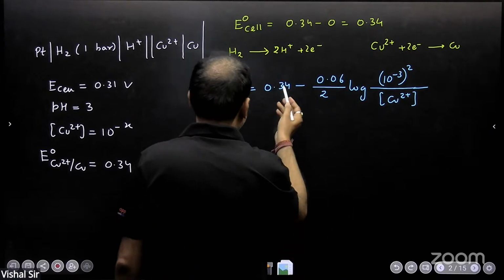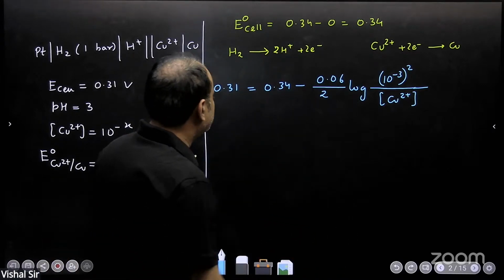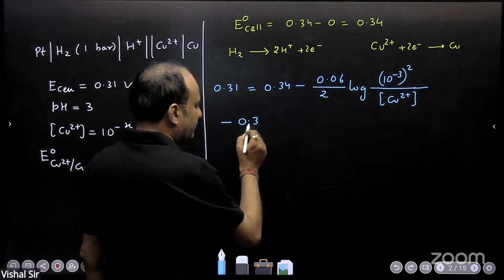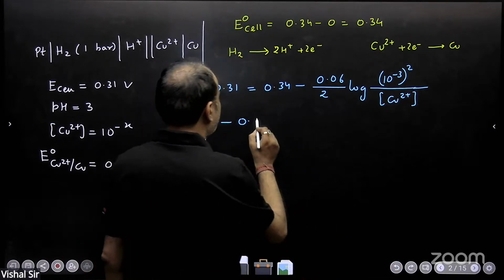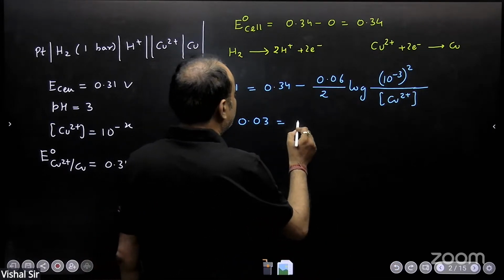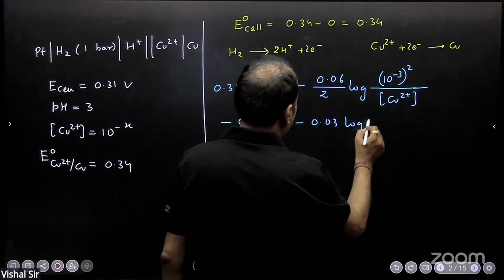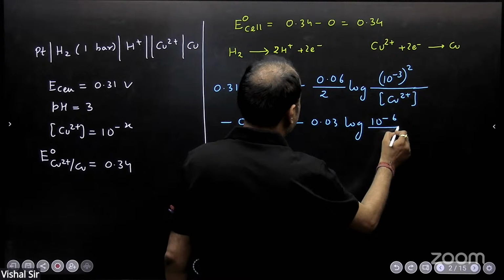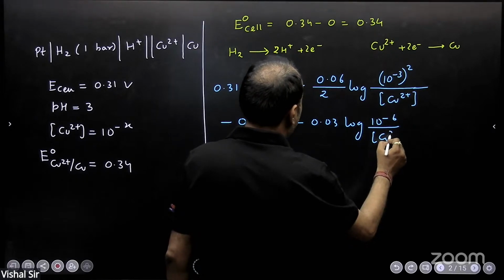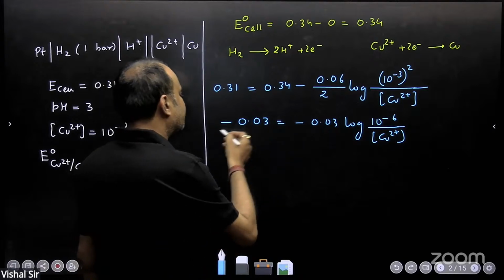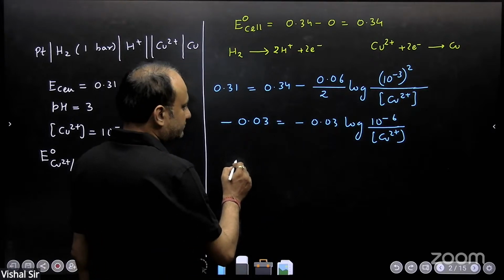Let's solve this. Bringing this side here, so this will become minus 0.03, sorry, it is minus 0.03 log of 10 raised to minus 6 by Cu2 plus. So this cancels out and it becomes 1.